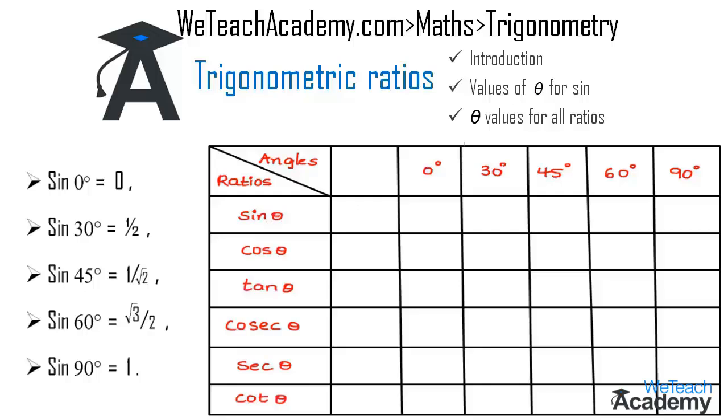Let us write the values for sine theta first. Sine 0 degrees is equal to 0, sine 30 degrees is equal to 1 by 2, sine 45 degrees is equal to 1 by root 2, sine 60 degrees is equal to root 3 by 2, and sine 90 degrees is equal to 1.